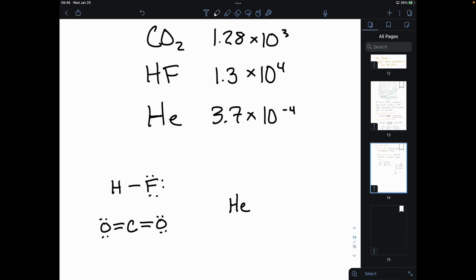So why would helium be not very soluble at all in water? It's a noble gas, and what does that mean in terms of its interactions with water? It doesn't really have any. It doesn't have any of those favorable dipole-dipole interactions, none of that favorable hydrogen bonding. It's not an ion. And then HF being the most soluble.